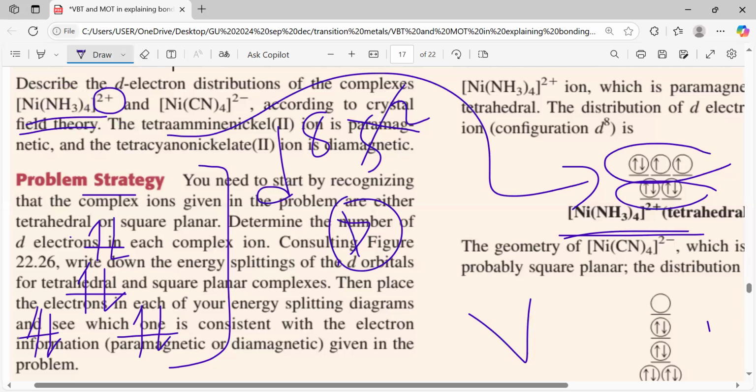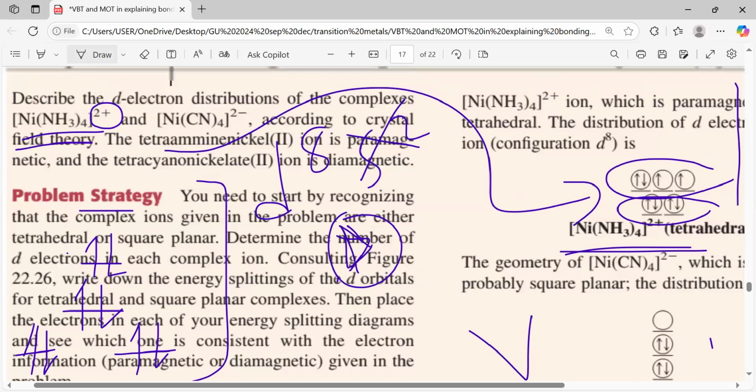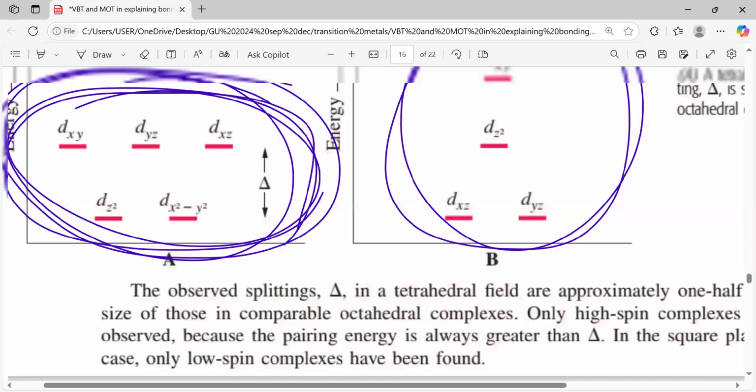So remember, our ligands are low spin ligands because the delta is so huge from the spectrochemical series. And again, if you have forgotten, you just go back to your spectrochemical series and refer.